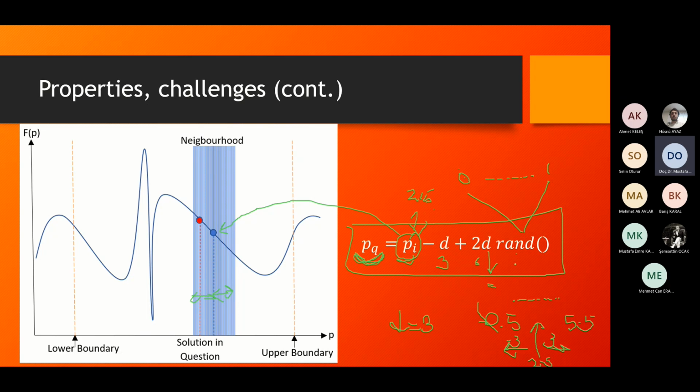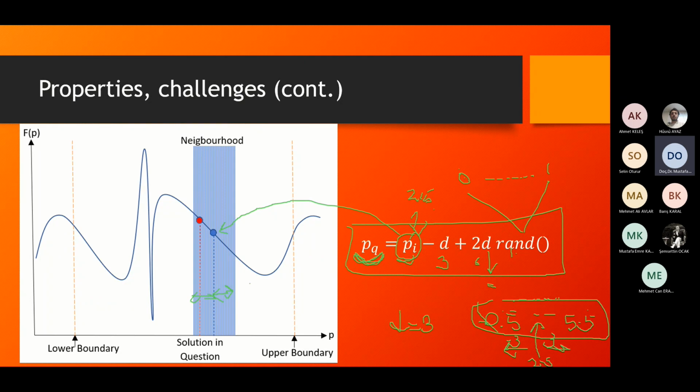If it is 1, that value will be 6, because 2 times 3 times 1 will be 6. 6 minus 3 will be positive 3. So 2.5 plus positive 3 will give us 5.5. So therefore, depending on the random value, we will be producing a new solution somewhere between minus 0.5 and plus 5.5. So it could be any number if we use that formula. I think it is clear. Is that clear? Yeah, it's clear for me. Okay.